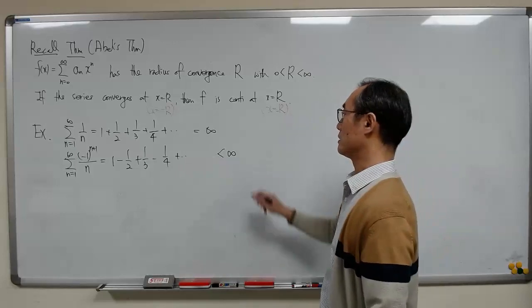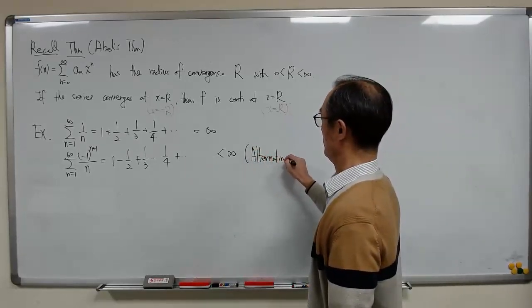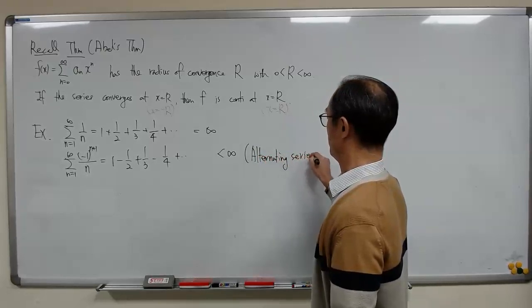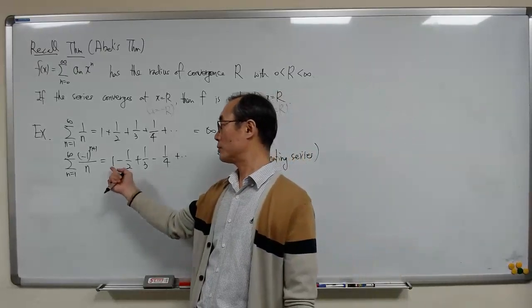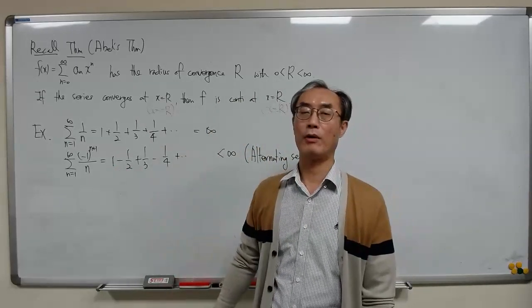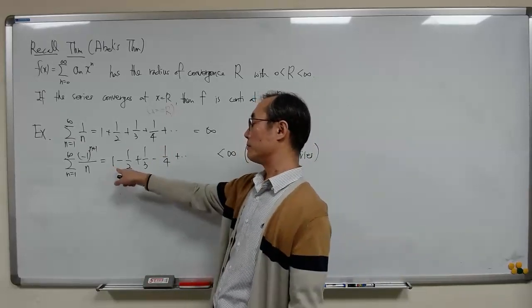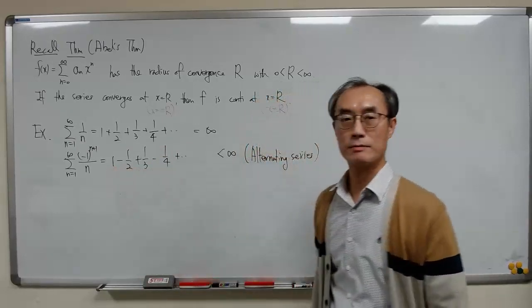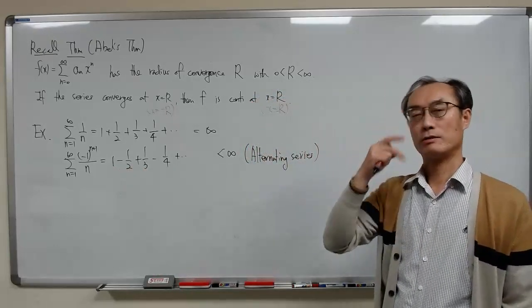Why? Since it is an alternating series. The absolute value of the general term decreases to 0, and we have the alternating sign, plus and minus, and plus and minus. Any series like that should converge.